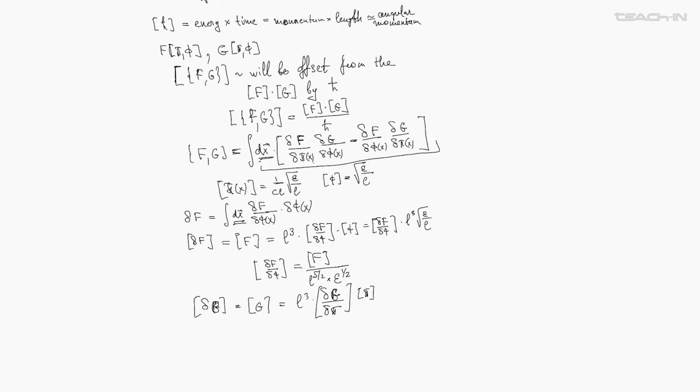And the dimension of momentum, we know what this is. This is a square root of energy divided by c squared L cube, right? Multiplied by the dimension of the derivative.